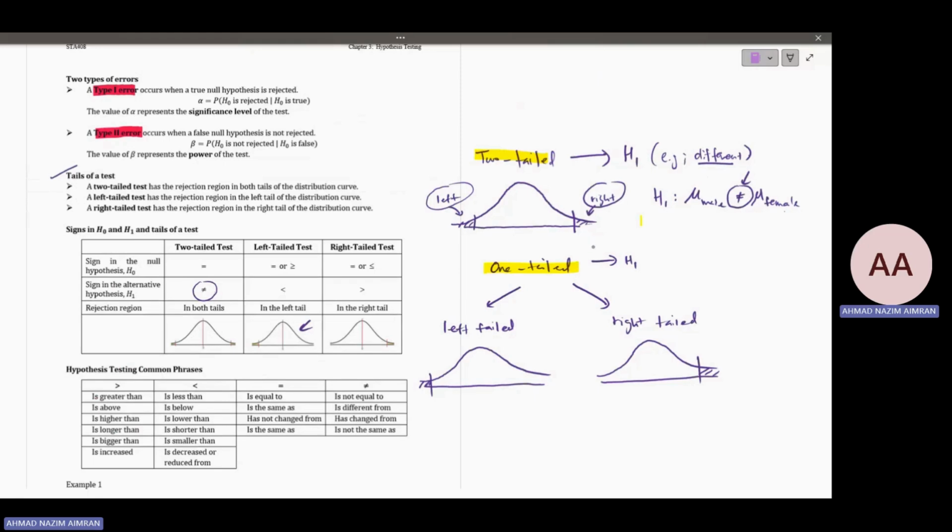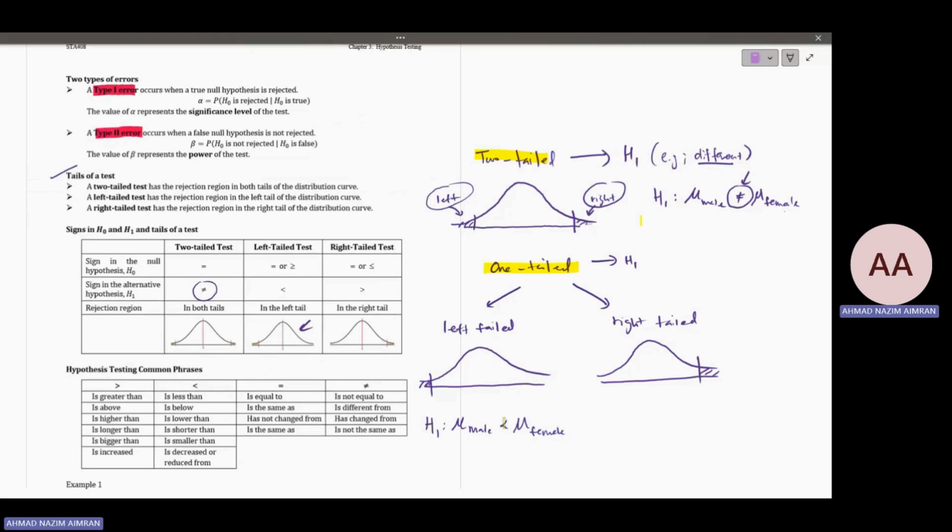But when the question asks us to test whether the mean CGPA of male is less than the mean CGPA of female, we will have an alternative hypothesis like this: mean of male is less than mean of female.